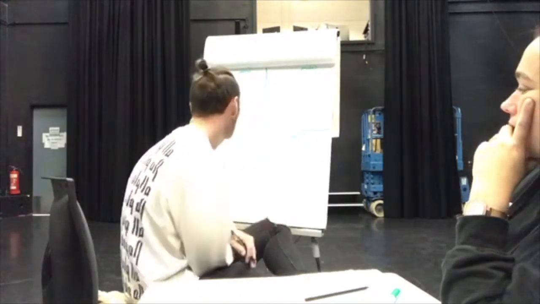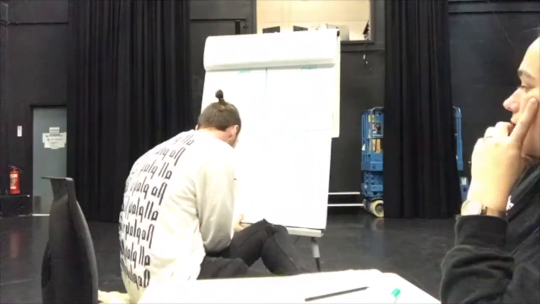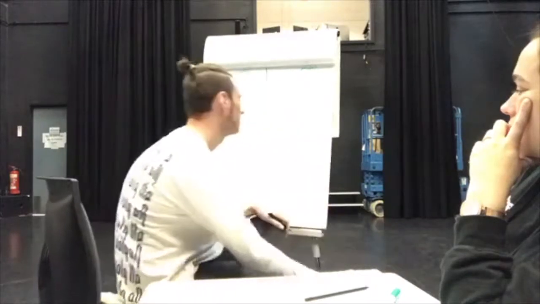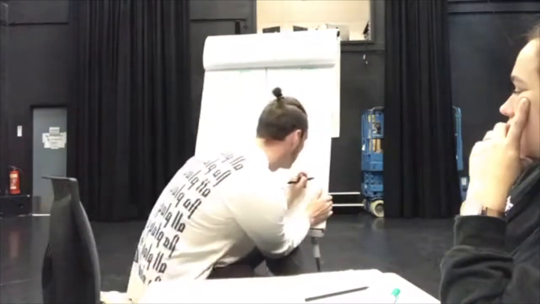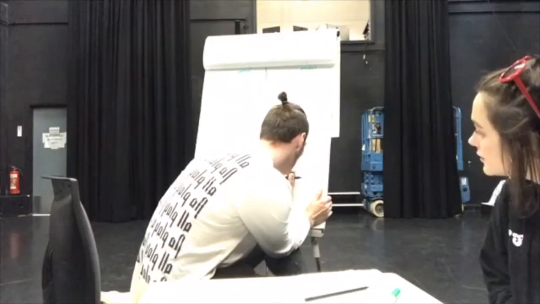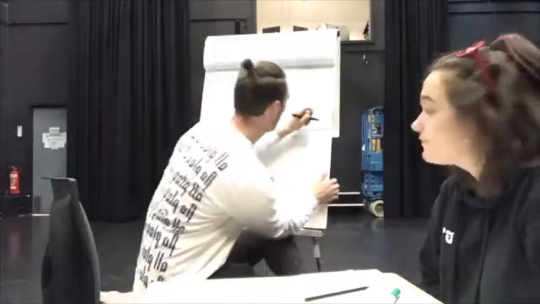RS lighting. I feel like the only way to do it is with a follow spot. RS props will just be clipboard. Lab coat. Oh, that's costume. And then ours, New World Order.